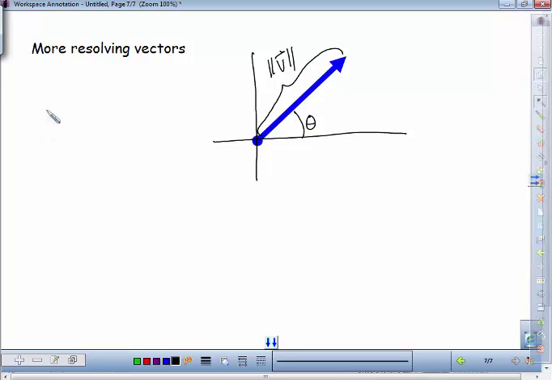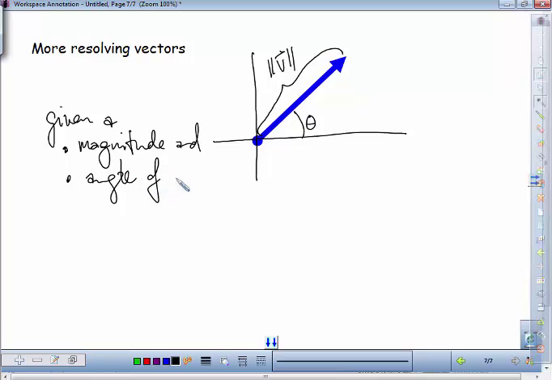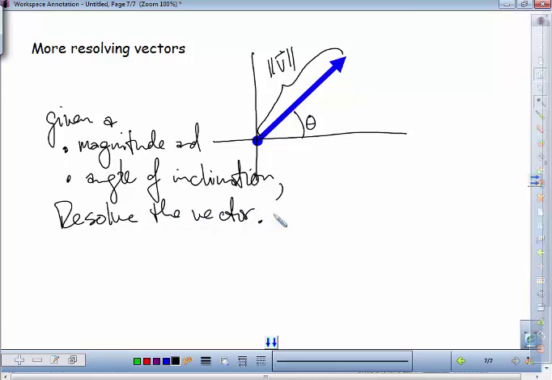So, given a magnitude and angle of inclination, let's try to resolve the vector.